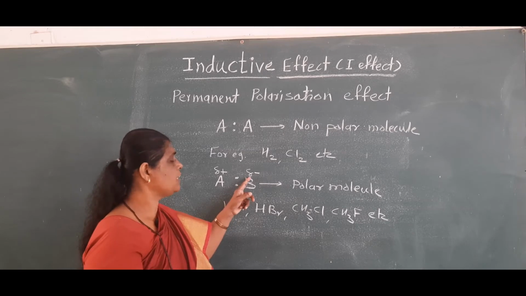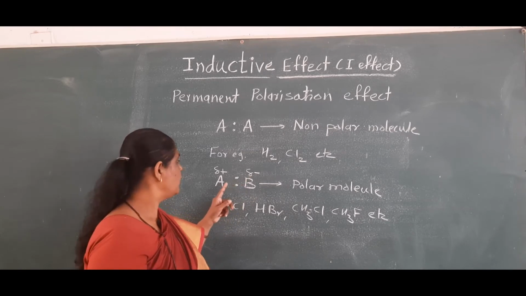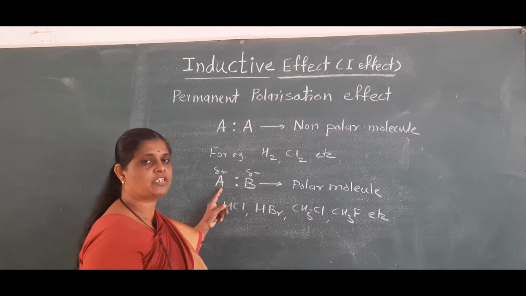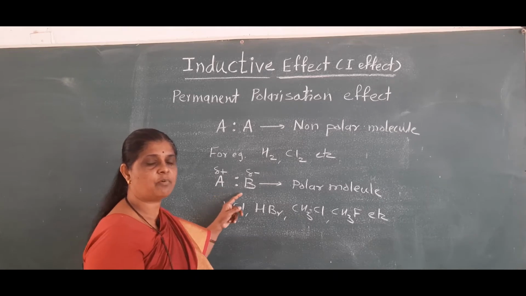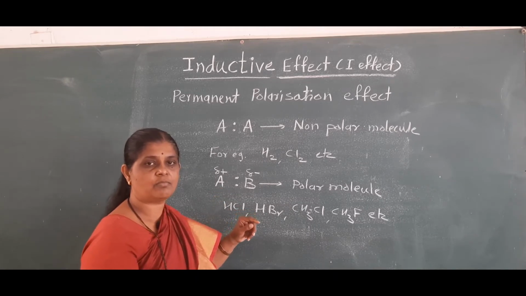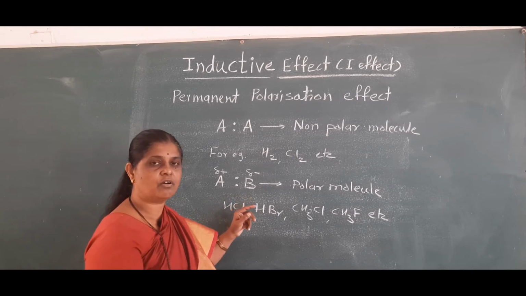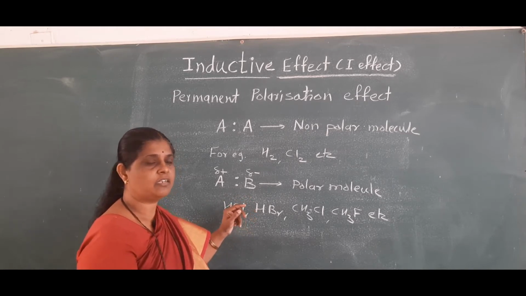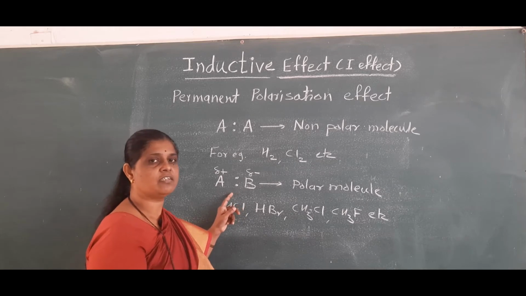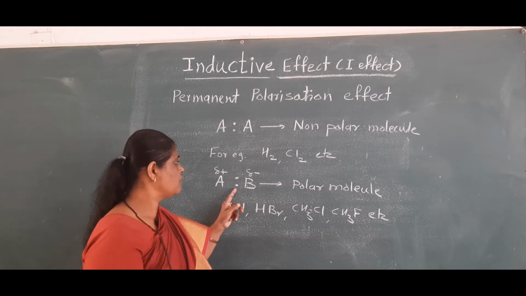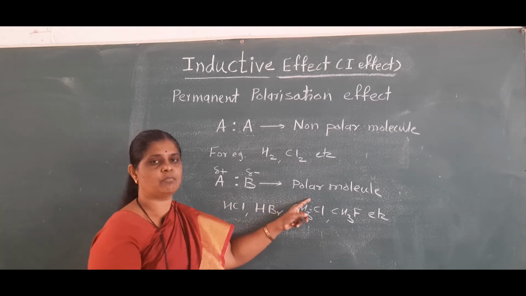Atom B carries a partial negative charge and atom A carries a partial positive charge. Such permanent polarization observed due to the difference in electronegativities of two bonded atoms is known as inductive effect, and such molecules are polar molecules.